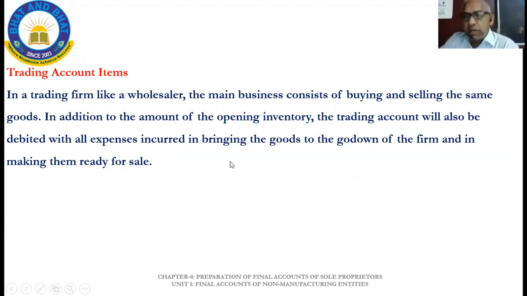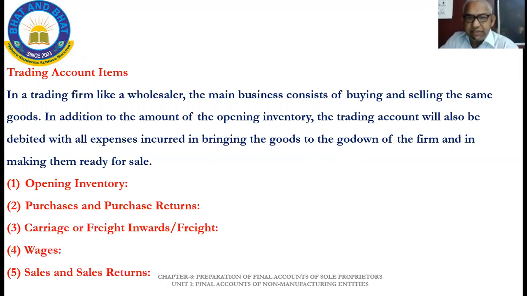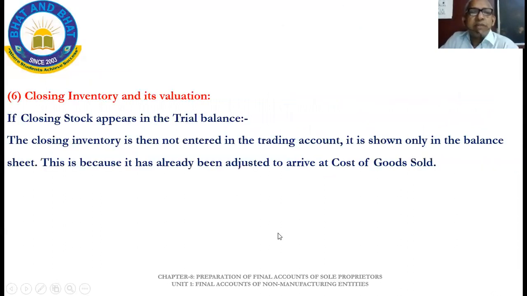Again, to recall, opening stock, that is opening inventory, purchases, if any less returns, that is minus returns, and expenses done for purchases, etc. Then on the credit side, sales will be written, net of returns, then closing stock, that is closing inventory, will be written. Okay, that is trading account items. Opening inventory, purchases, purchase returns, carriage, freight, etc. Wages, anything, sales returns will be there. Closing inventory will be written.